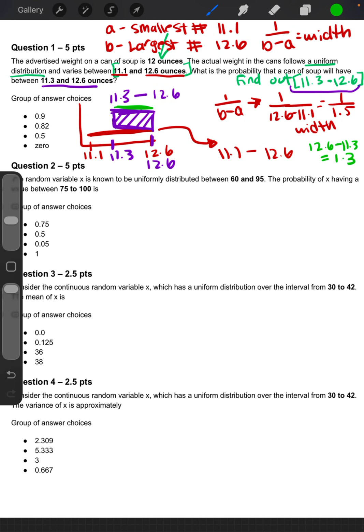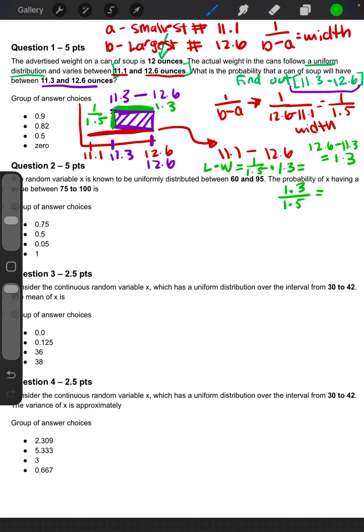So this length is 1.3, and right here is the width, which is 1 over 1.5. So length times width is going to be 1.3 times 1 over 1.5, and that should become 1.3 divided by 1.5, and I'll have to put that into a calculator.